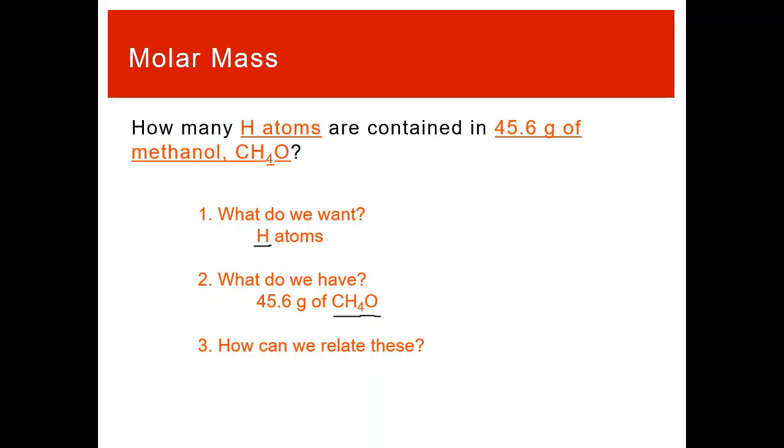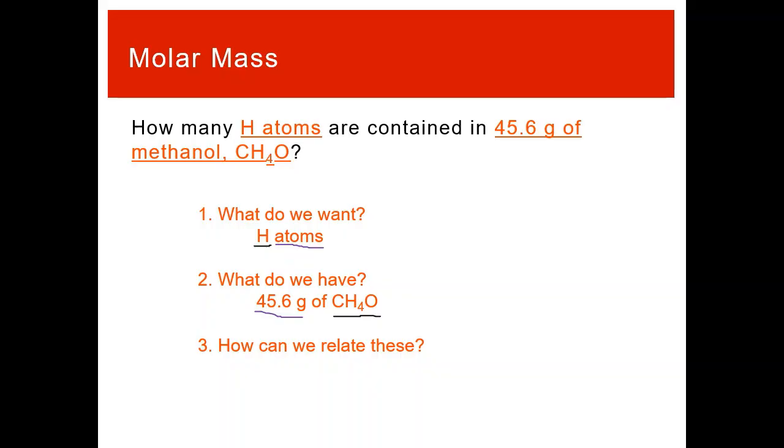Molecular formulas only work in counting units. We also have 45.6 grams, whereas in this case, we want atoms. So there is certainly a distinction that 45.6 grams is a mass measurement and atoms is a counting measurement. So we are going to need to go between that mass description and a counting description.